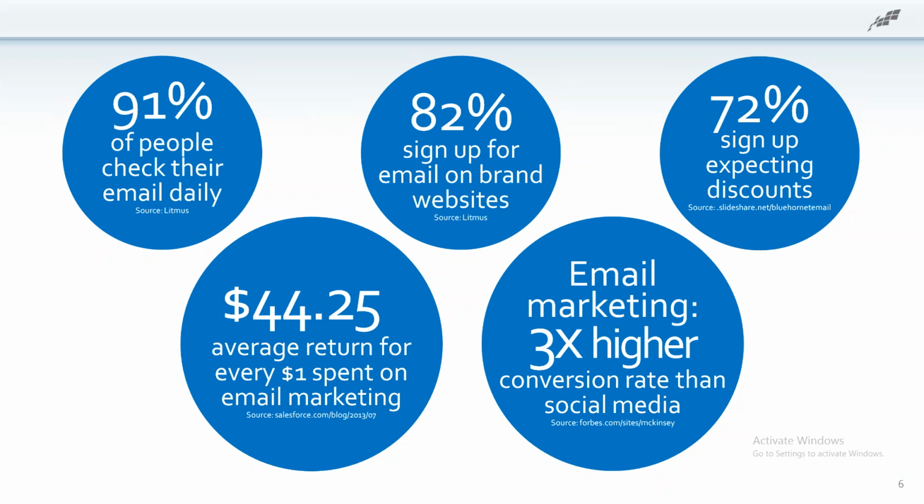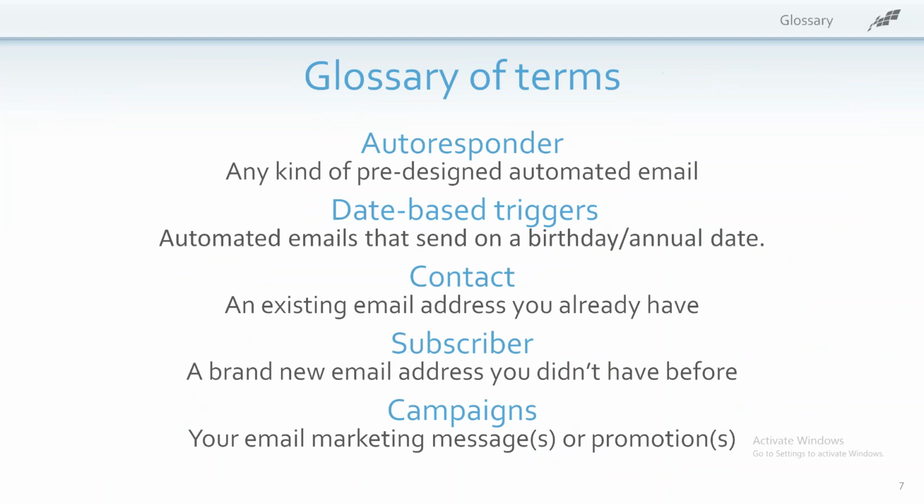All right. So I know I have a hard time learning something new when I don't understand the jargon being used by the speaker. So before I continue, let me make sure we're all on the same page with definitions.